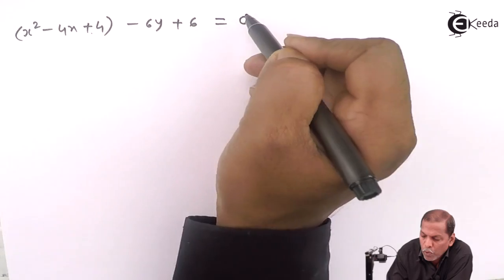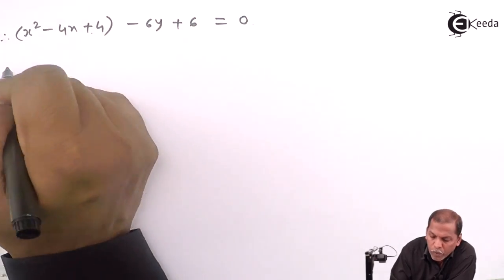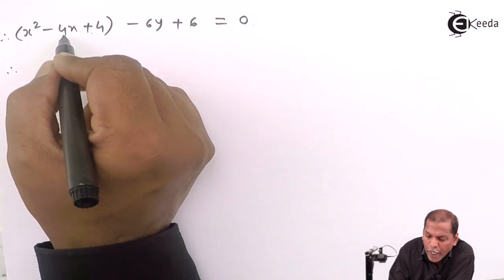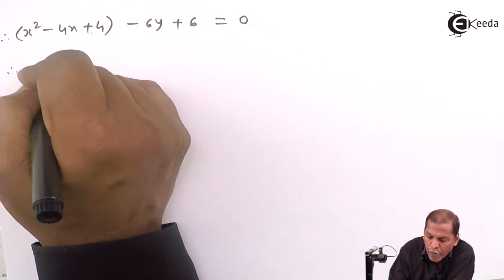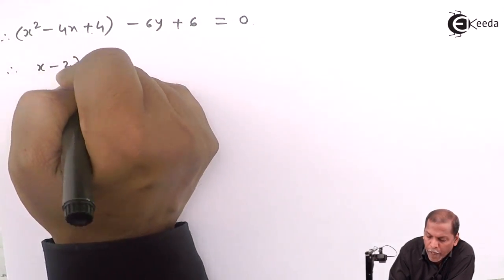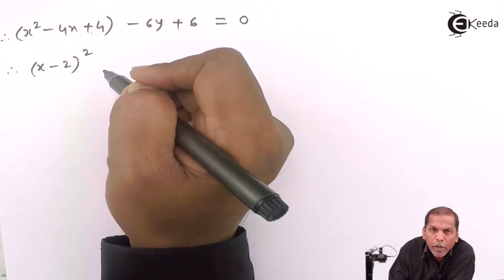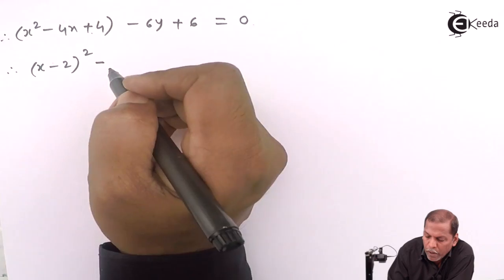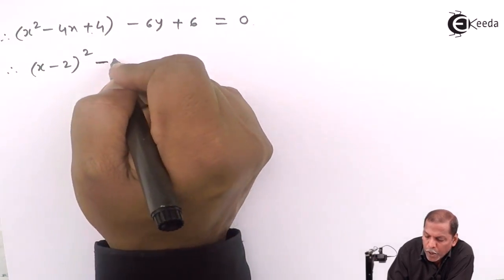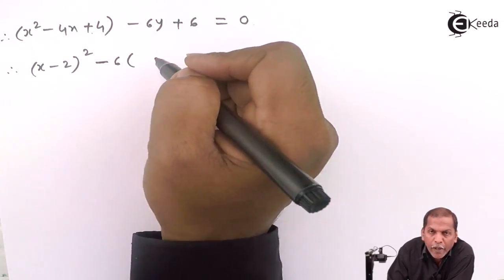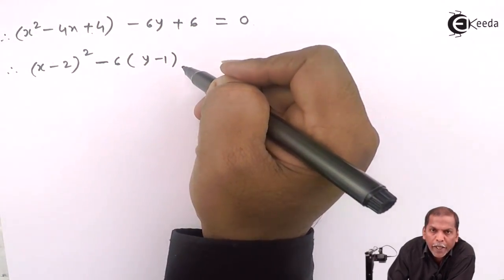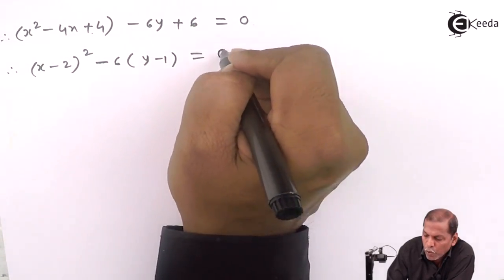Now that equal to 0. The next step will be, now x square minus 4x plus 4 is a complete square of x minus 2 the whole square. Then from the remaining two terms we take minus 6 common. So in bracket we have y minus 1, bracket complete, is equal to 0.